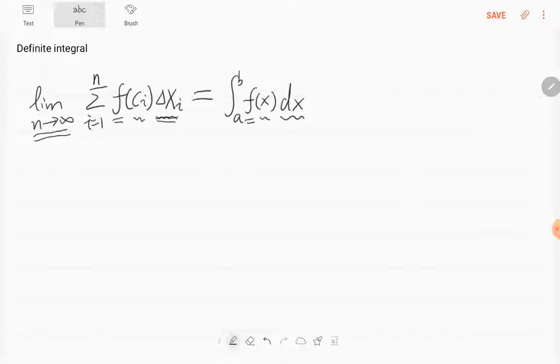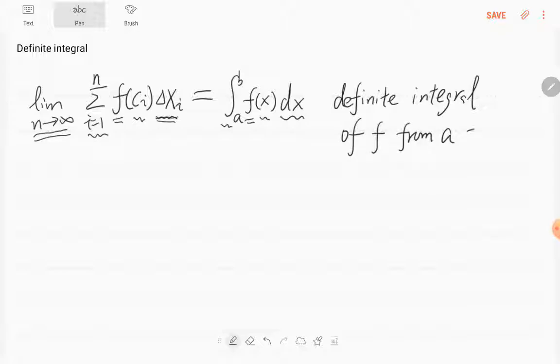And this is the integral sign. This integral sign is actually the sum here. And this is the interval from a to b. So this is called the definite integral of the function f of x from a to b.